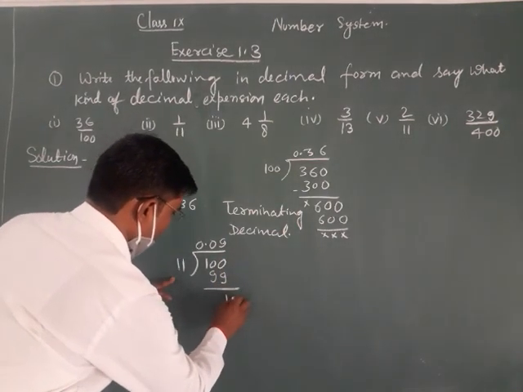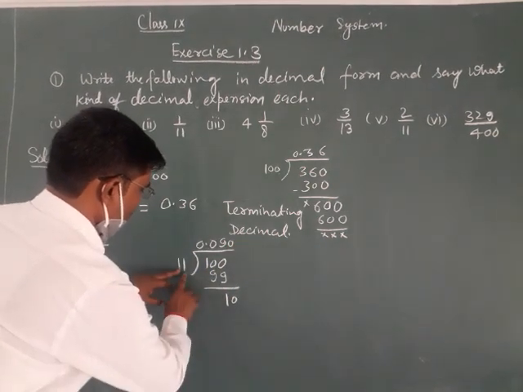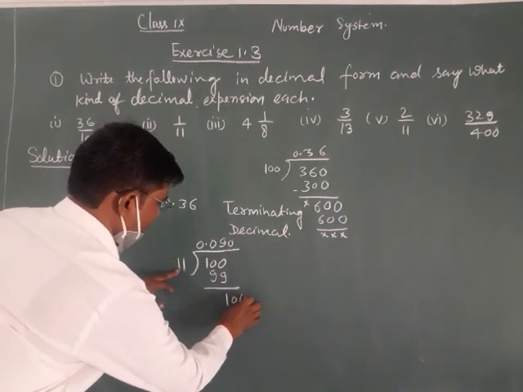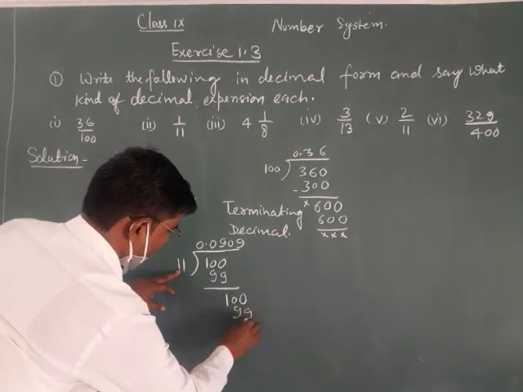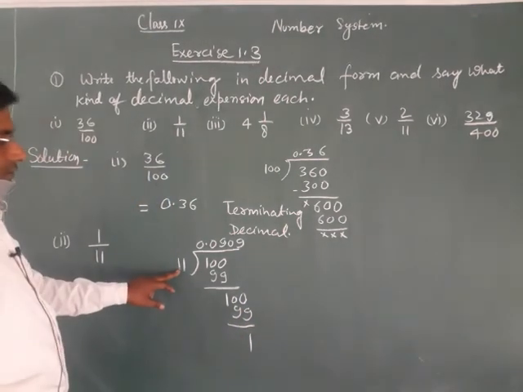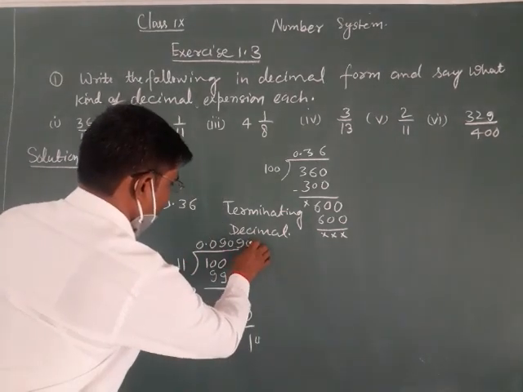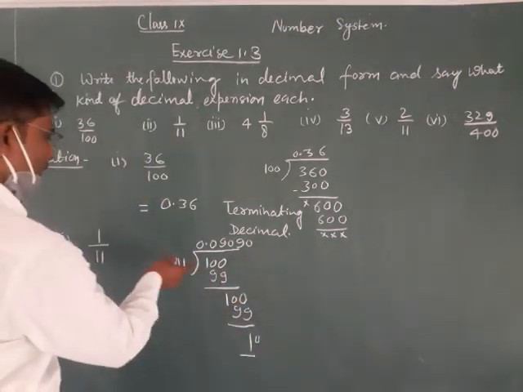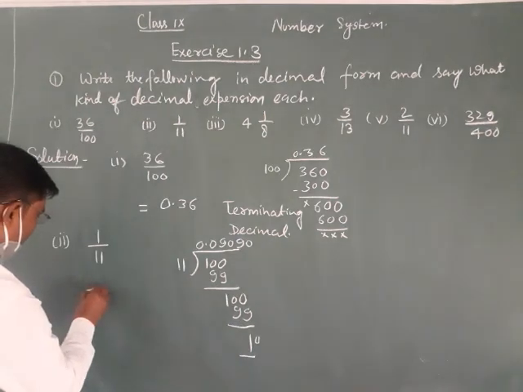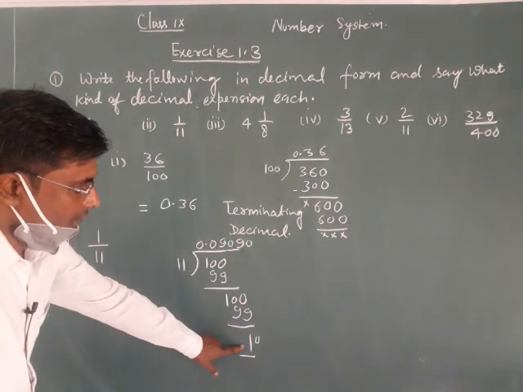Now increase 0 again. So 10, 11 times 0, then 100 again, 11 times 9 is 99. So remainder 1. So this is not divisible by 11, the remainder is not 0.